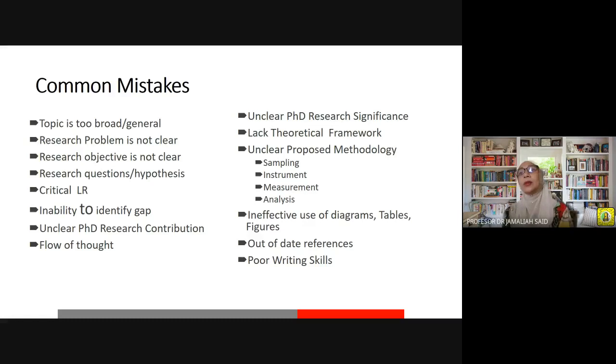Because of that, some PhDs will not have a good contribution because they cannot identify the gap. And I strongly believe in any area you choose, in any topic of research you plan to do, definitely there is a gap, but you are not able to put it in a sentence. You know there is a gap. When I ask what is so significant about your study compared to the other study, the student knows how to answer.